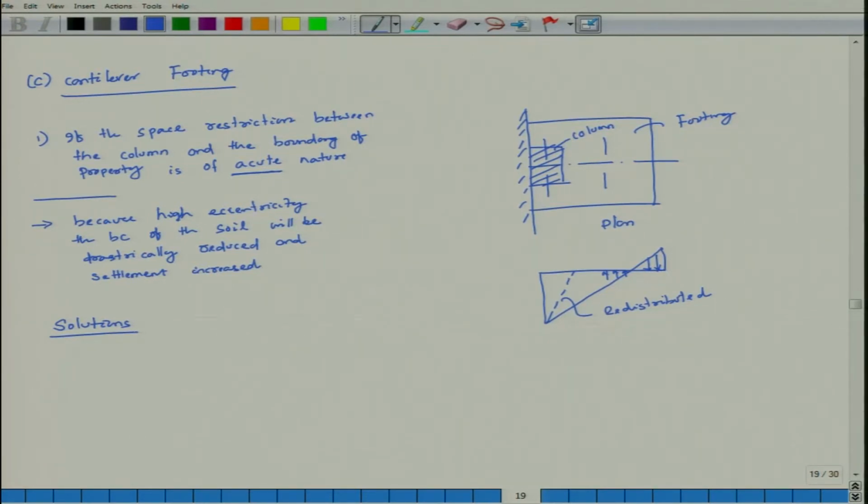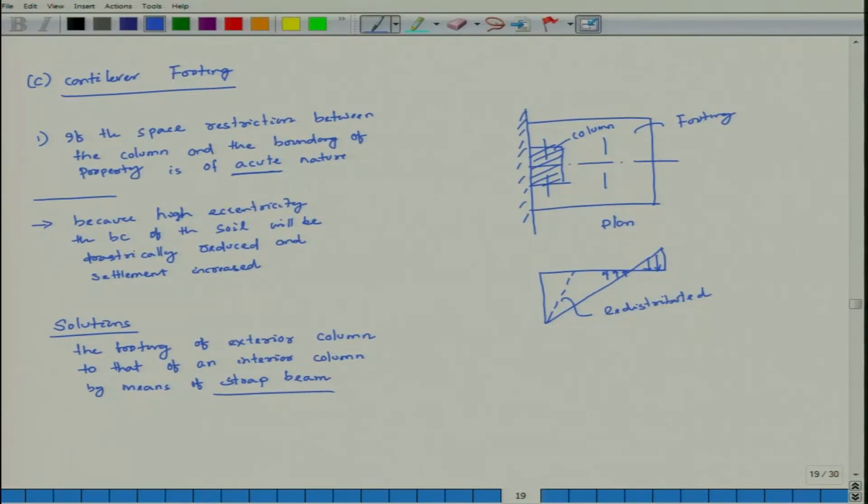The solution will be to connect the footing of the exterior column to that of an interior column by means of a strap beam.